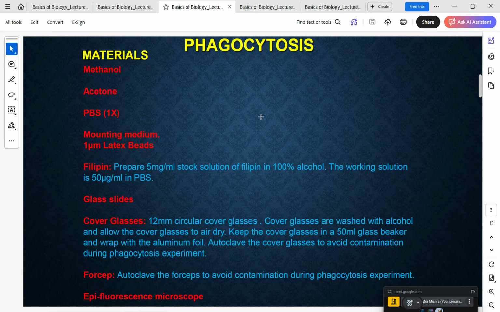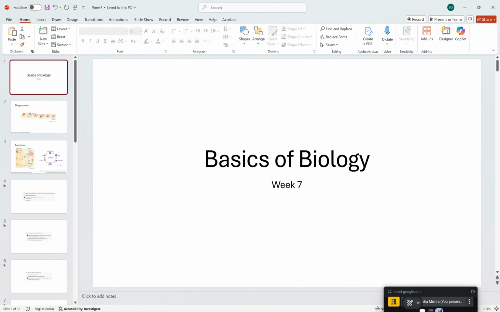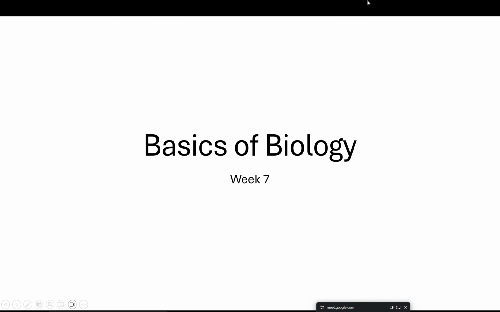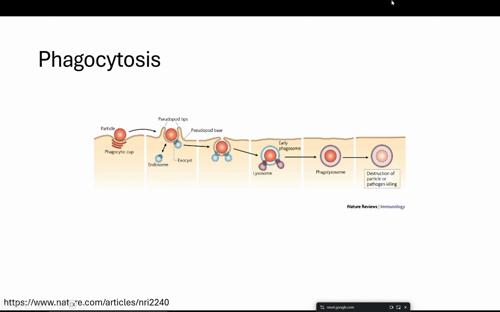Let's first discuss phagocytosis before I go into the experimental part. Phagocytosis is the process by which macrophages or dendritic cells take up foreign particles into them.